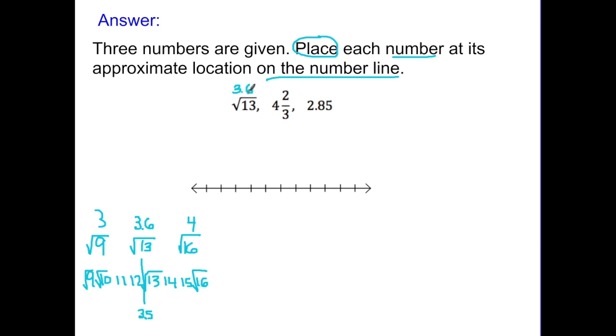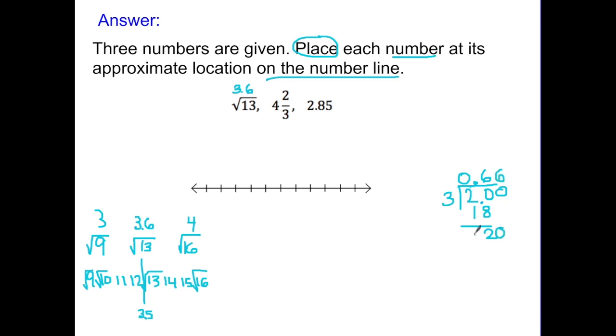Now we need to look at 4 and 2/3, and to convert a fraction to a decimal, you can divide 2 by 3 and put in your place value. So 3 will go into 20 six times, and we'll start to see that our remainder of 2 is repeating.